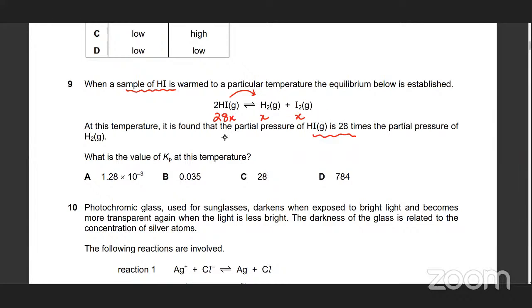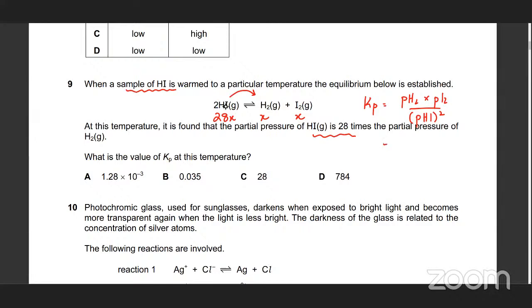And the next thing is you're going to write the expression for Kp, which is products over reactants. So it's going to be the pressure due to H2 multiplied by the pressure due to I2, divided by the pressure due to HI, but that's going to be squared. Remember, the coefficient becomes the exponent, it becomes the power.